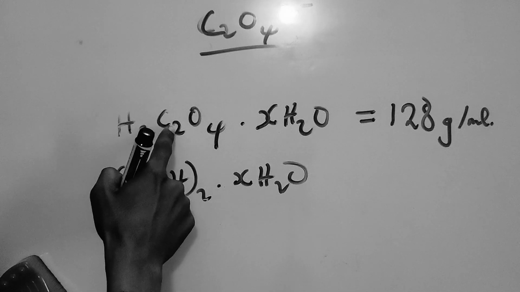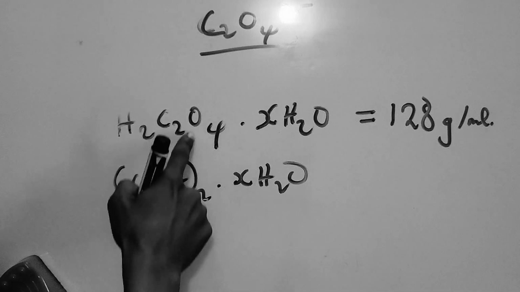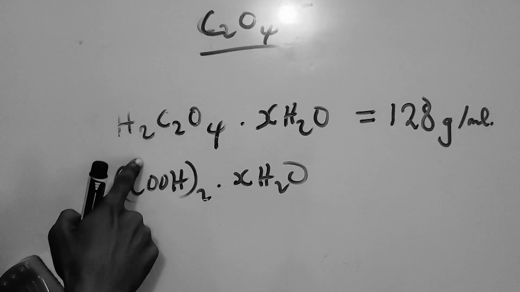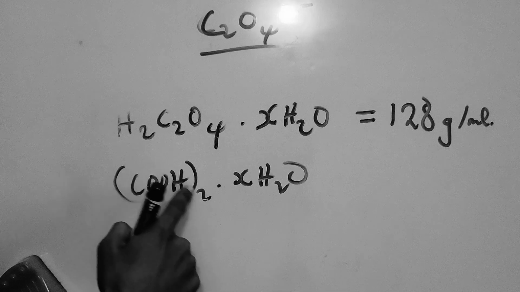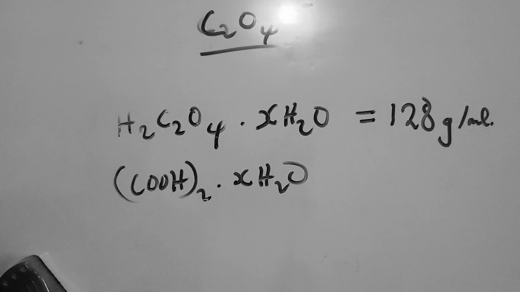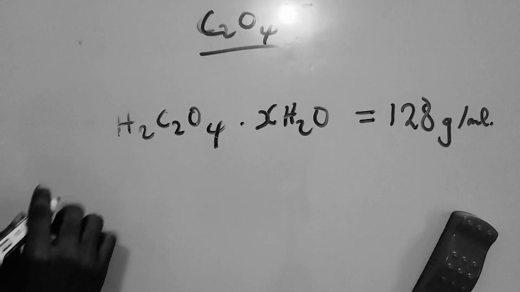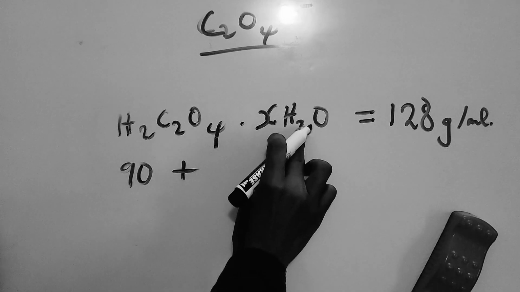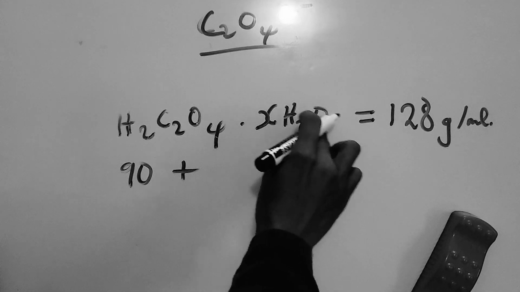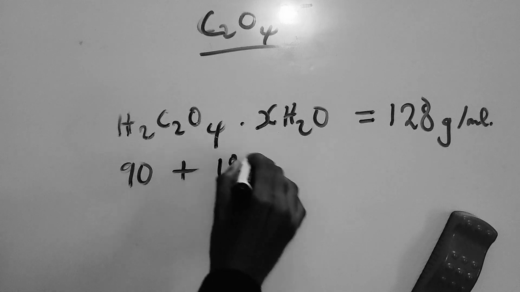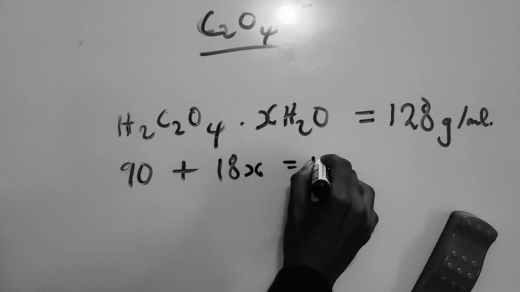Look at it here, the oxygen is now 4. Then we have hydrogen, H2. Okay, that's what happened here. It's still the same thing. So when we do this correctly, this is 2 times 1 hydrogen plus 16, 18. So I'm going to be having 18x here, which will be equal to 128.